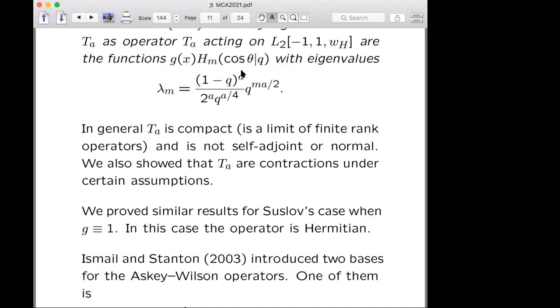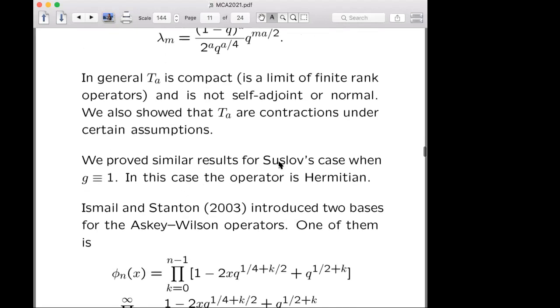But this can be bigger than 1 for small q. So you want the assumption that this thing, without the a, of course, is less than 1. And this is necessary and sufficient for being a contraction map. So it turned out that it's a contraction map if and only if lambda 0 is less than 1.